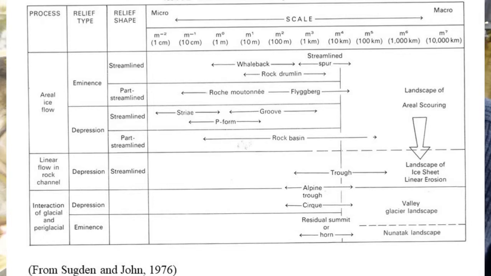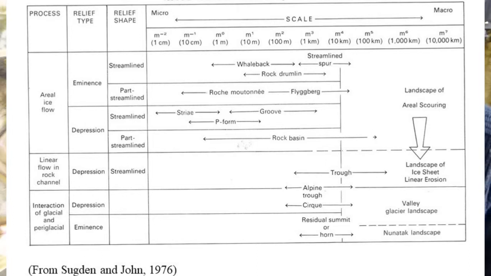Then, as I just said, it divides the relief types up into protrusions or eminences and depressions or holes in the ground, whether they're streamlined or not, and then looks at a variety of different scales. From the micro scale at the left-hand end there, you can see striae, striations, these tiny little features at the left-hand end of the scale, down at the level of centimetres or less, and then working up, moving towards the right of the diagram, to larger and larger features.